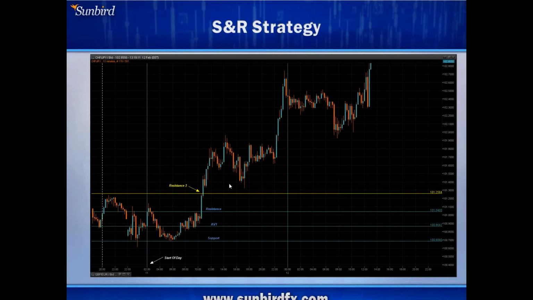Now, you can put your resistance anywhere you want. If it passes through the resistance or the support, then you can go either long or short. All right, so this is just a small example. We will be reviewing on a live platform how to do it. Let's continue.